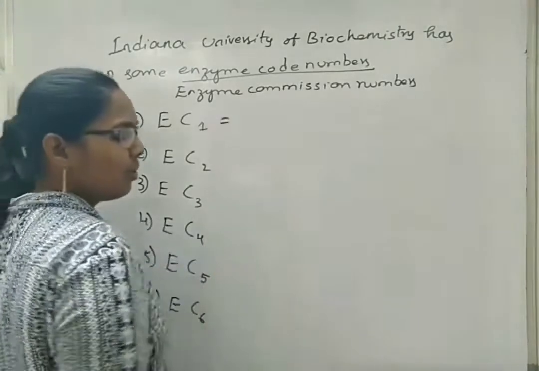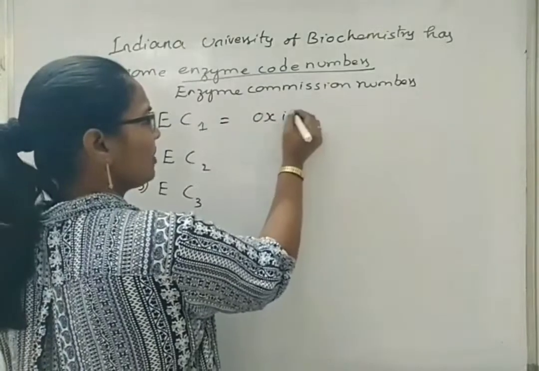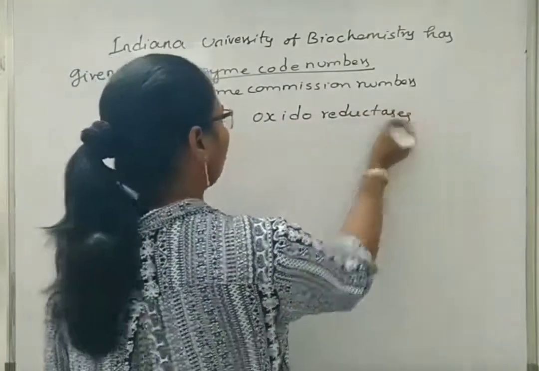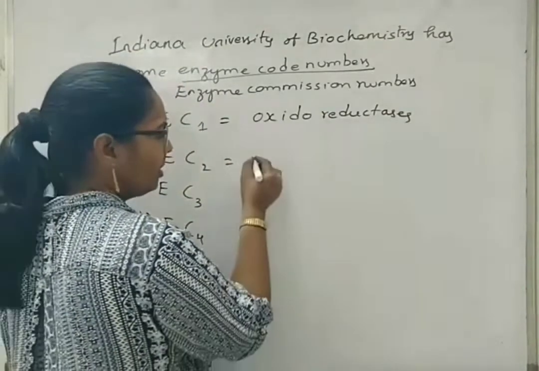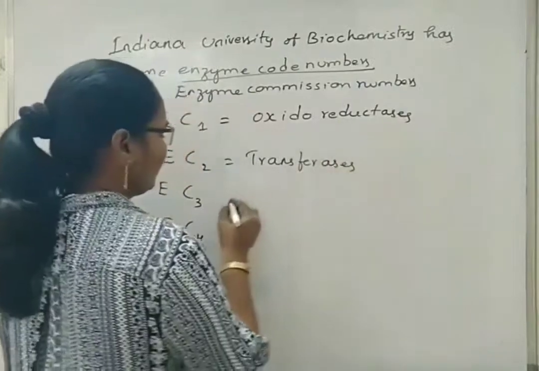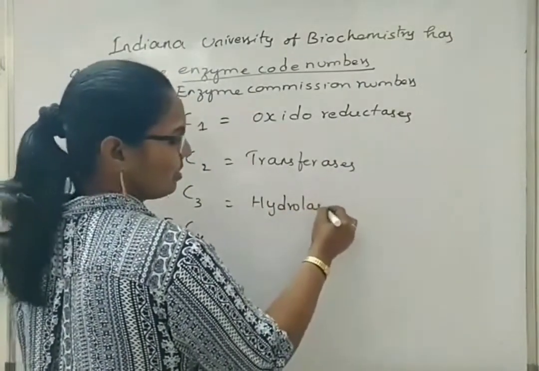Under enzyme code 1, the type of enzymes involved are oxidoreductases. Under enzyme code 2, transferases. Under the third, hydrolases.